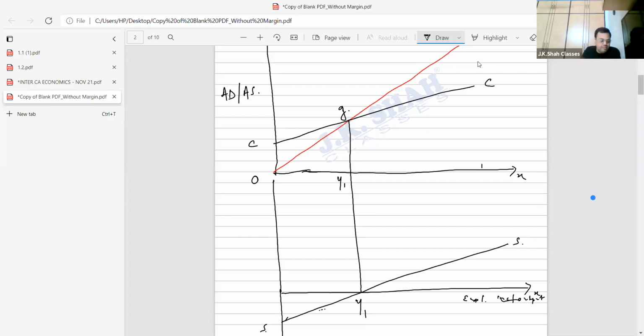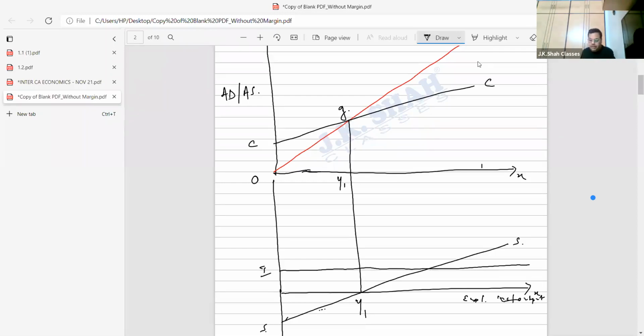If I say use the money for making investment, then think properly. What will happen if you make investment in the country? Then I get a new curve over here. This curve shows the level of investments.